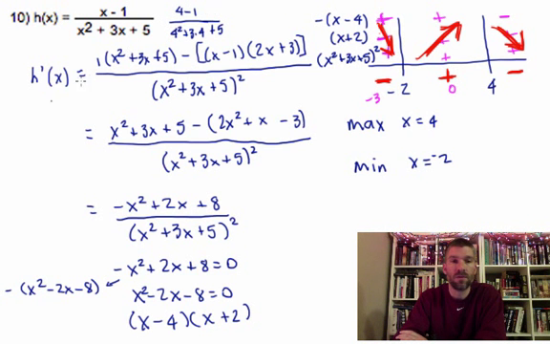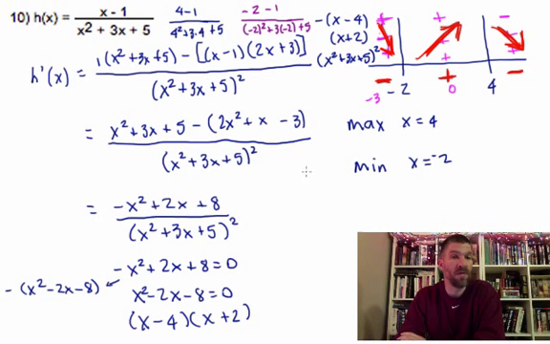The other one that you're going to do is use negative 2: negative 2 minus 1 over negative 2 squared plus 3 times negative 2 plus 5. So these are the two things that will give you the y values that you need to find the max and min at that spot. And so that's how you use a derivative to find these critical points and areas where your curve is increasing or decreasing.